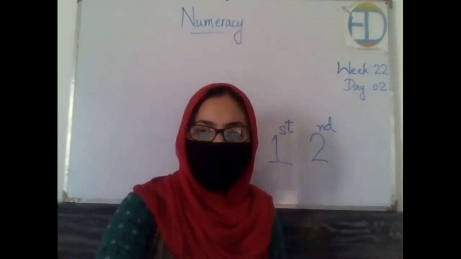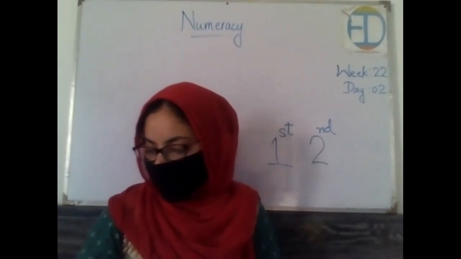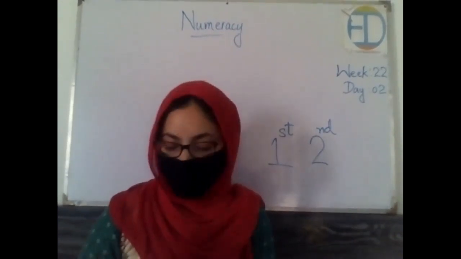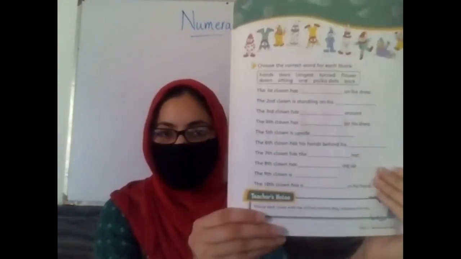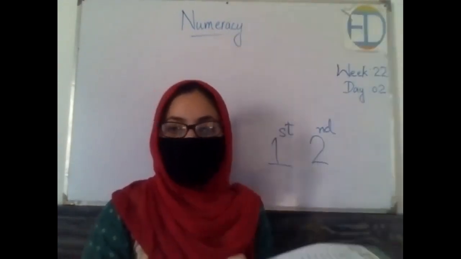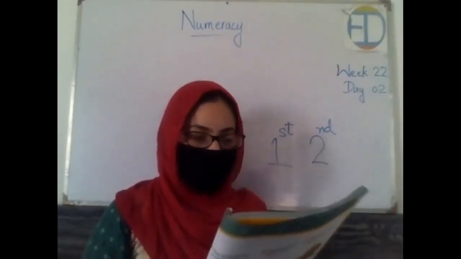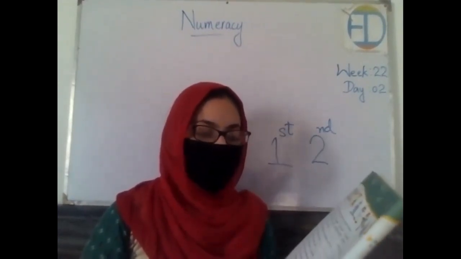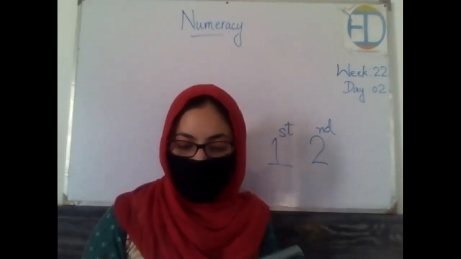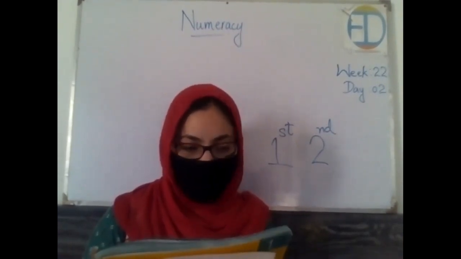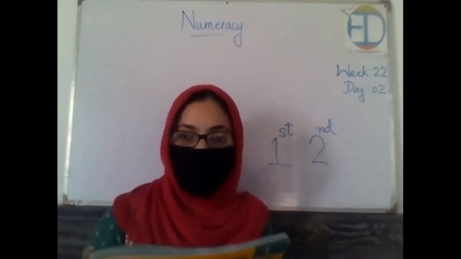Now we will together do an exercise in your book. I want all of you to please open page 110. There is an exercise related to ordinal numbers. This says choose the correct word for each blank. Okay. The first clown has dash on his dress. What does the first clown have?